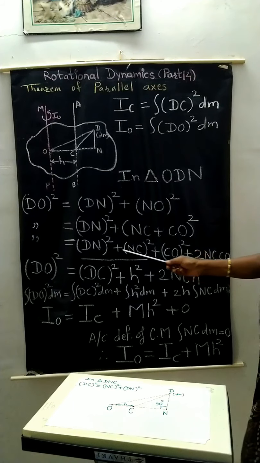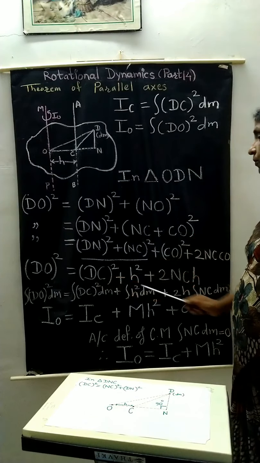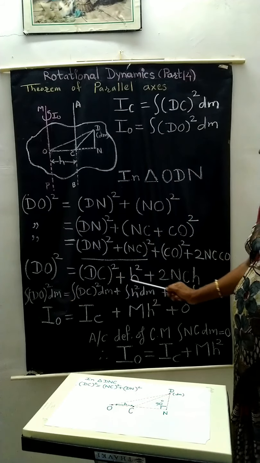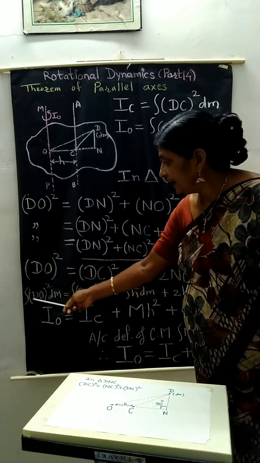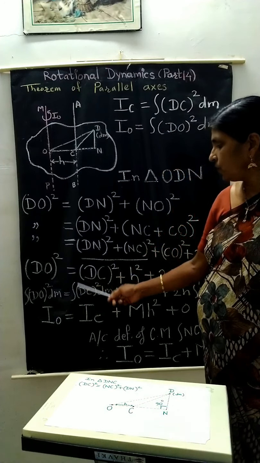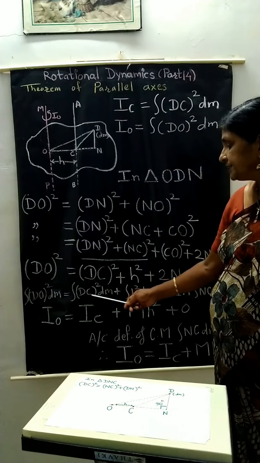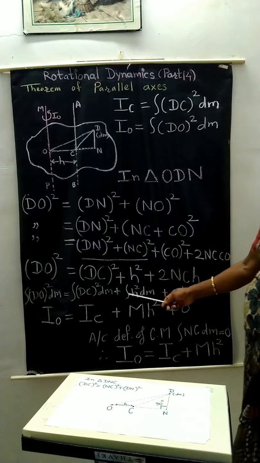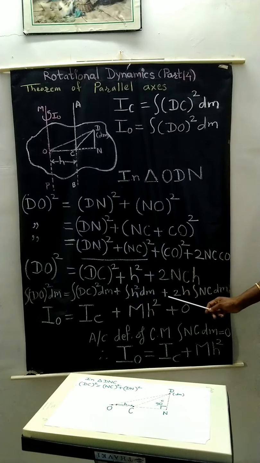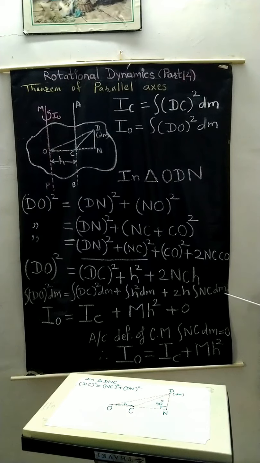Now after multiplying by dm, we have to take integration of this equation, so as to get integral dO square dm is equal to integral dC square dm plus integral H square dm plus twice H integral NC dm.